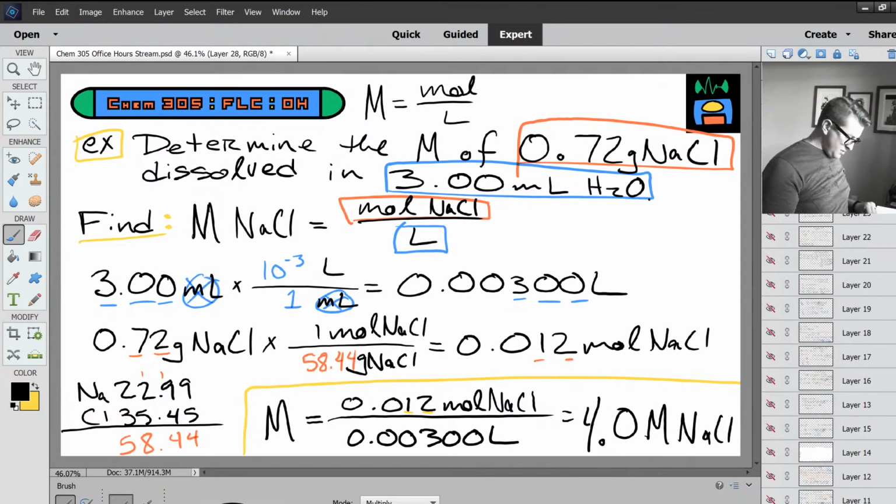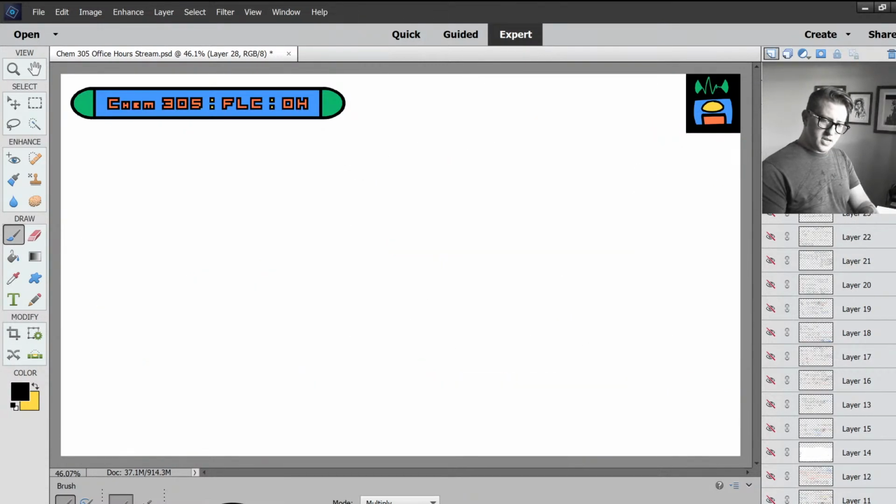Let's try doing another problem. Remembering, of course, that molarity is moles of solute over liters of solution.